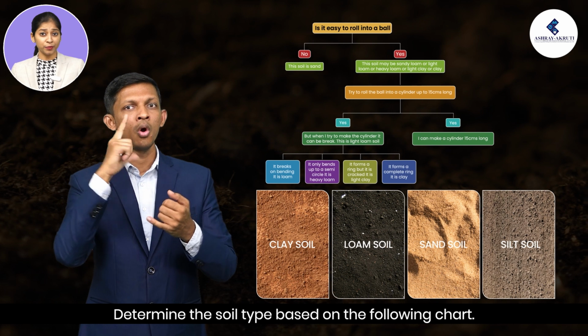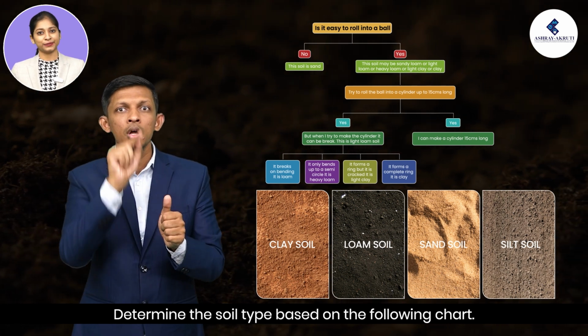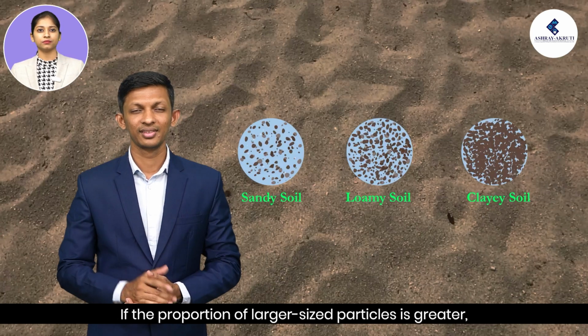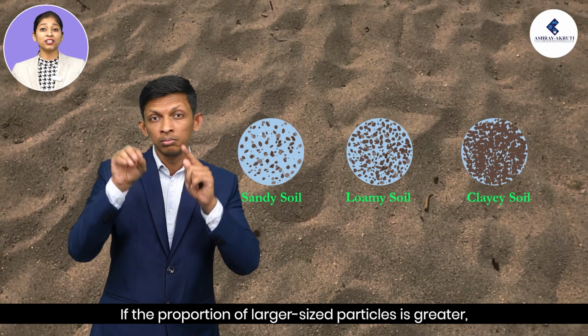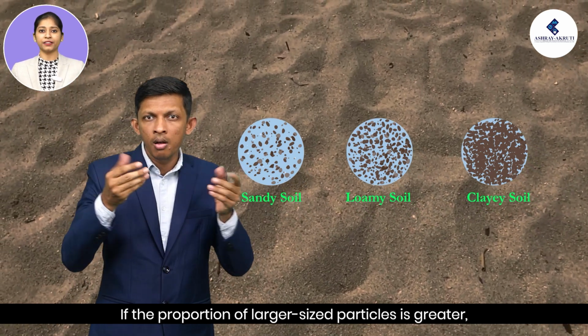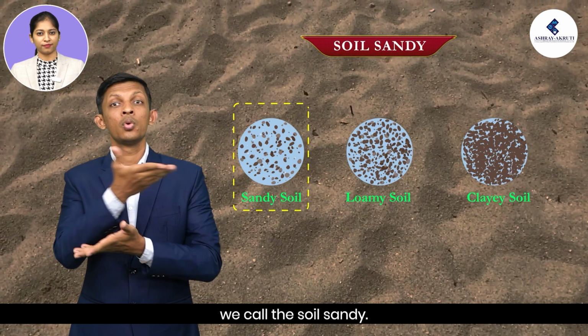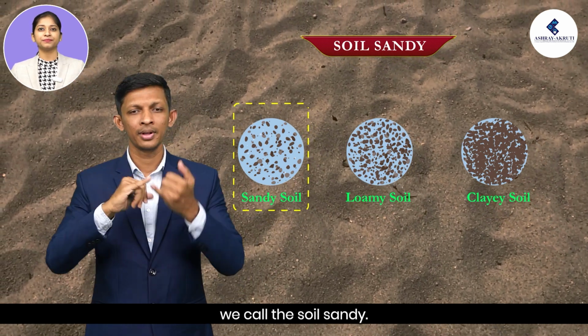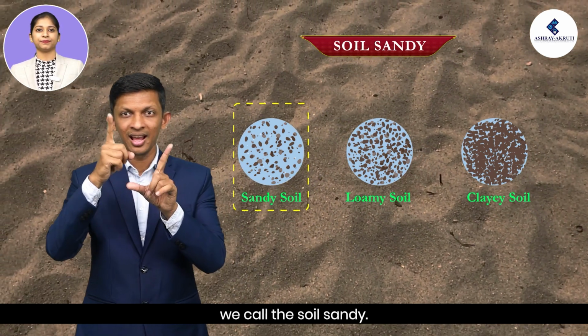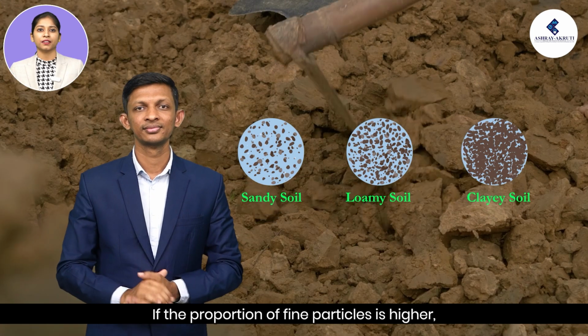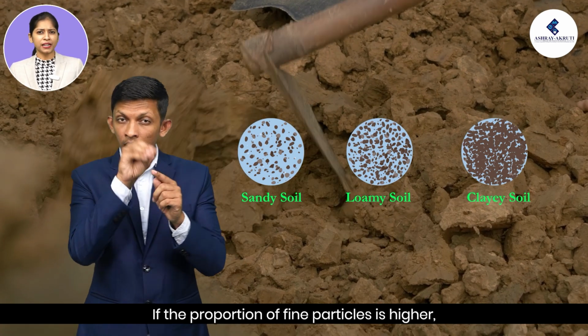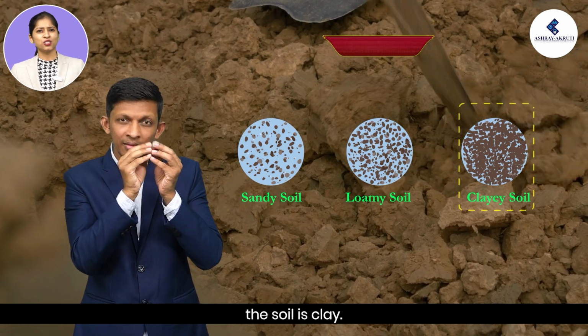Determine the soil type based on the following chart. If the proportion of larger sized particles is greater, we call the soil sandy. If the proportion of fine particles is higher, the soil is clay.